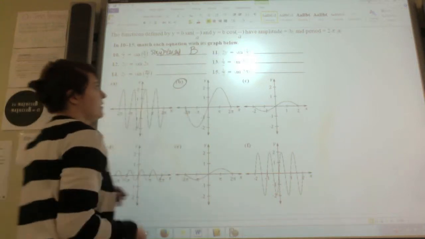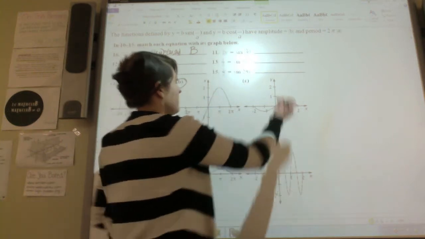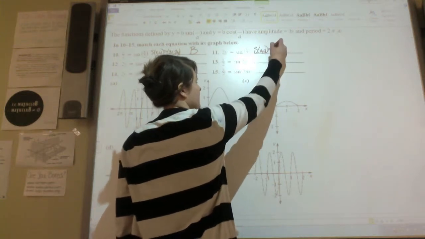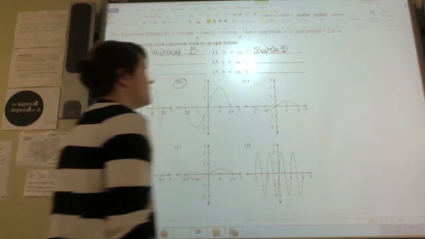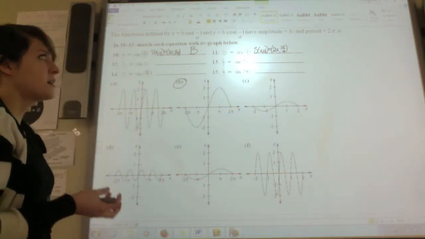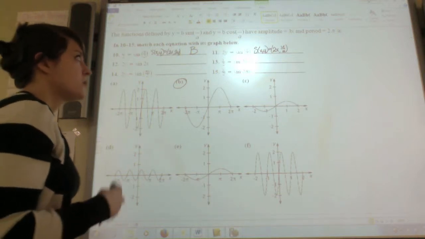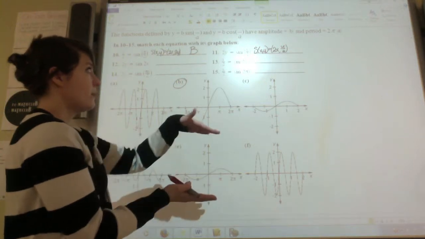Okay, for number 11, I've got 2y equals sine of x over 2. So if I were to write my scale change, I would have 2x and y divided by 2. So I'm stretching my x's by 2 and I'm shrinking my y's by 2. Think about that with my amplitude. My amplitude is normally 1, going from -1 to 1.